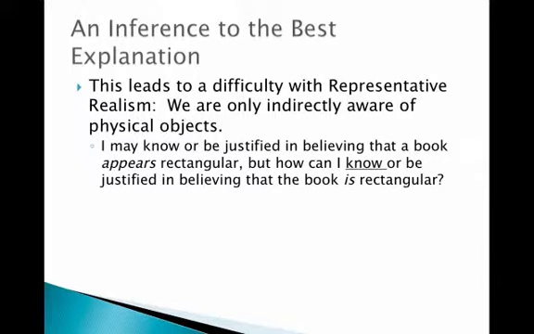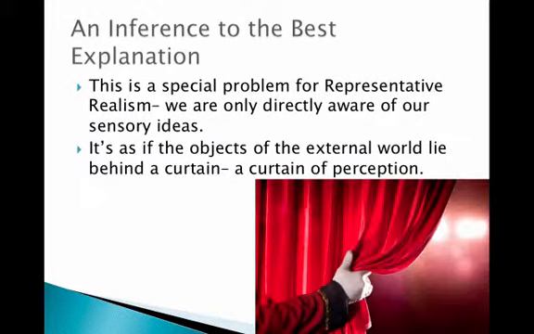I may know or be justified in believing that a book appears rectangular, but how can I know or be justified in believing that the book is rectangular? It's like there's this veil between us and the world. Our sensory ideas are the veil, or the curtain, and to get to the external world, we have to somehow pull the veil, but we can't do that.